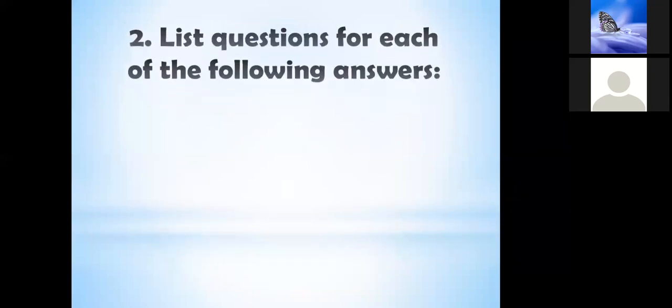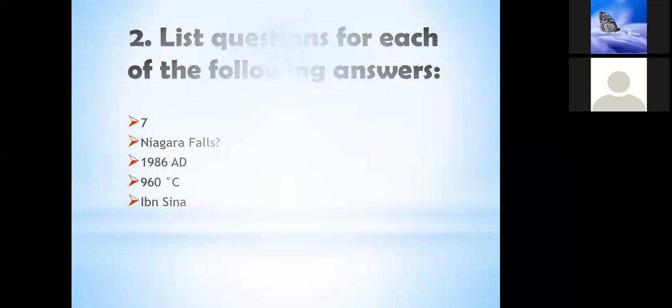Or now here we can give them some answers and ask them to write a question. Like 7, Niagara Falls, or anything, so quickly within 5 minutes they have to prepare some questions.